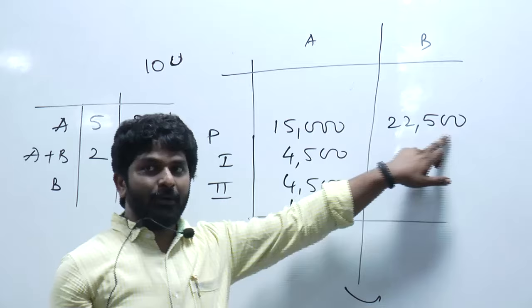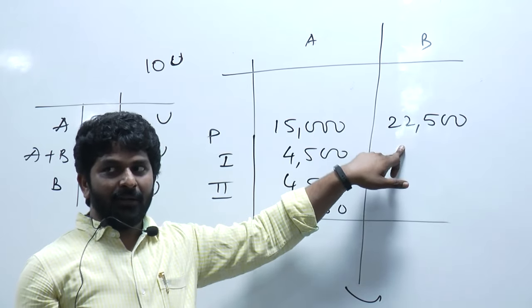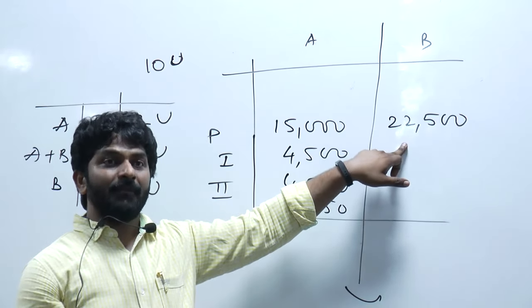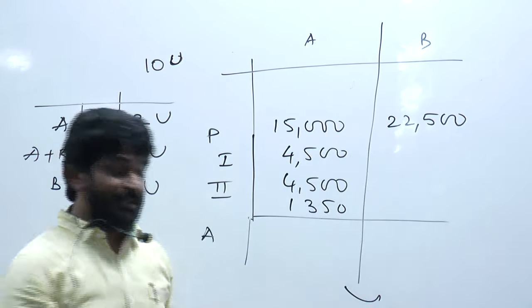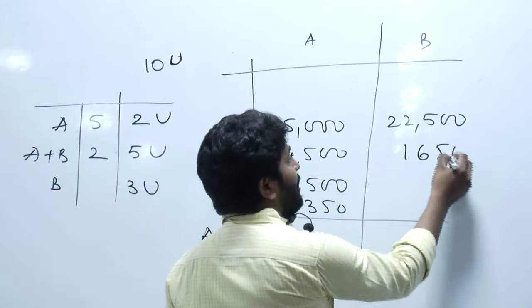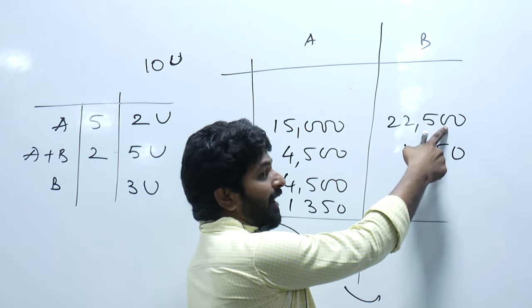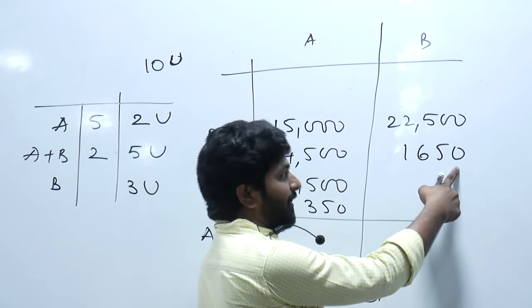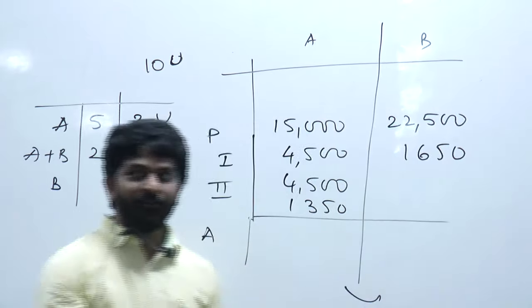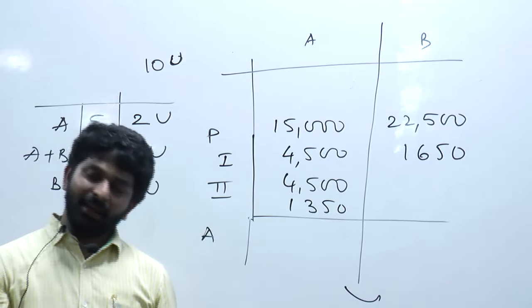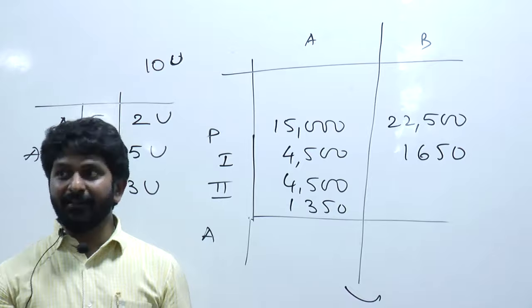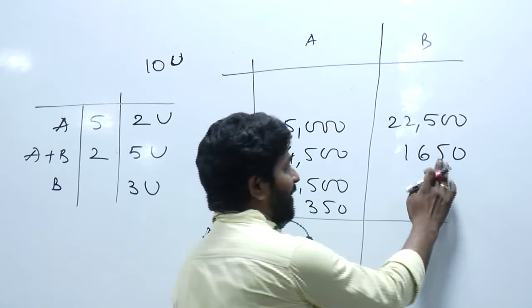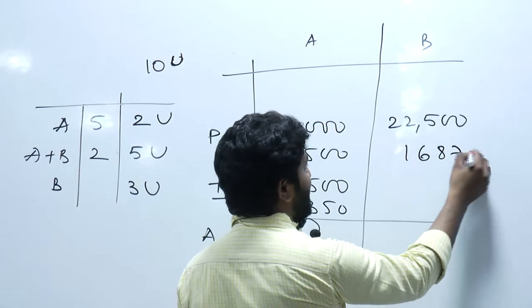Keep 50 aside, 2,200. Half 1,100. Half 550. Total 1,650. Without 50, 7.5% will be 1,650. But you have 50 also. Among 50, what is half? Again half, 12.5. 25 plus 12.5, 37.5. Add 37.5 to this number, 87.5.